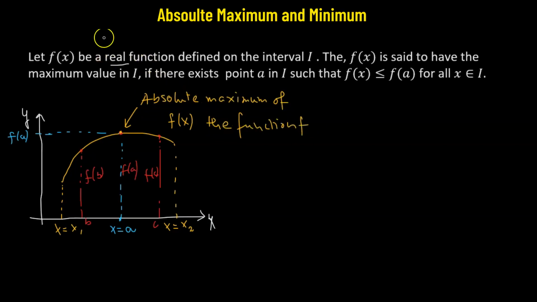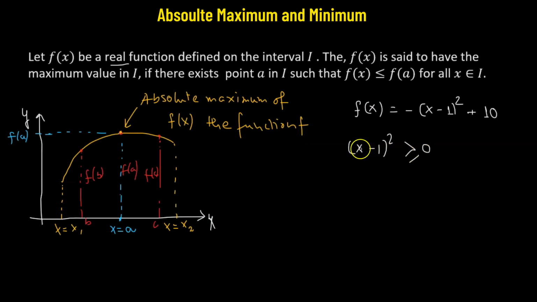Let's try to understand this idea with the help of an example. Suppose we have a function f of x which is given by negative (x minus 1) squared plus 10. Now clearly (x minus 1) squared is always going to be a positive number regardless of the value of x.